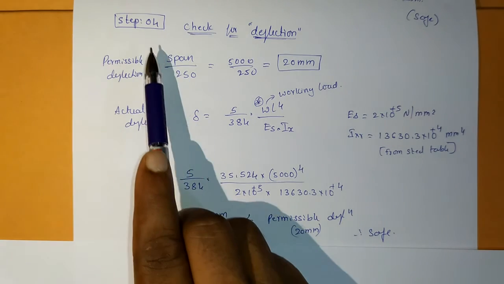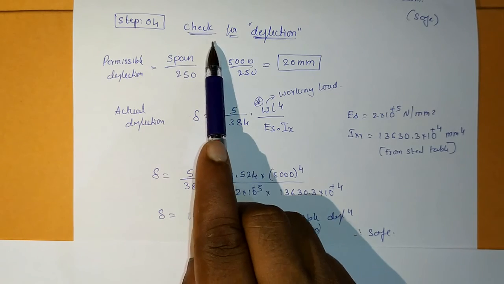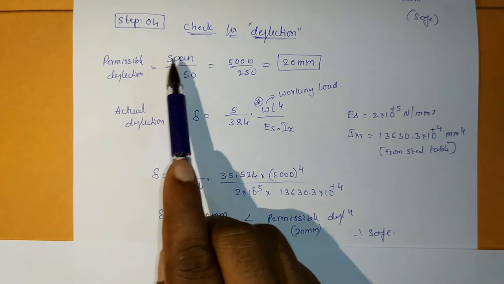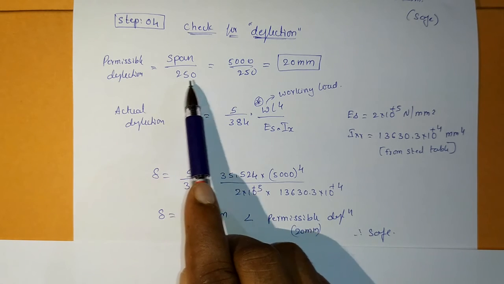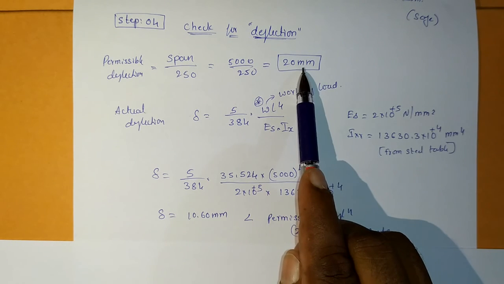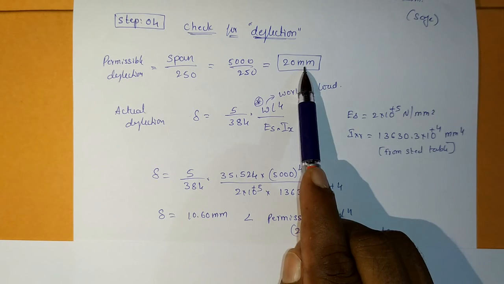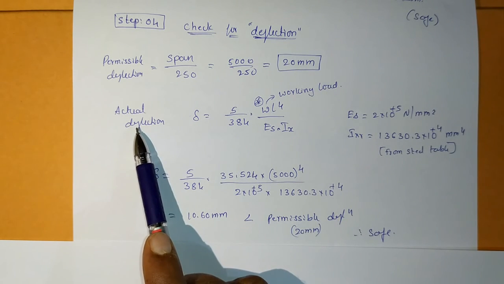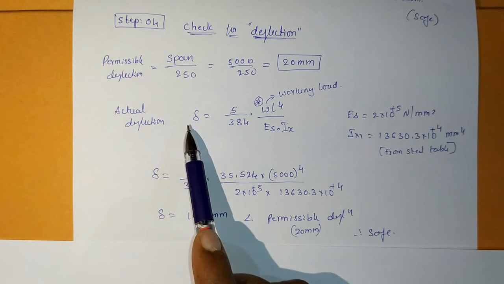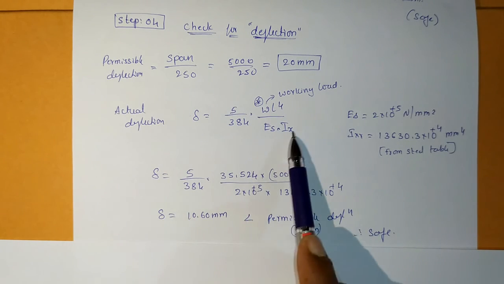In step number 4, we are going to check for deflection. First we calculate the permissible deflection using span by 250. Span is 5000 millimeter divided by 250. This is the permissible deflection, 20 millimeter. After that we calculate the actual deflection using this formula, which is only for a simply supported beam subjected to UDL.